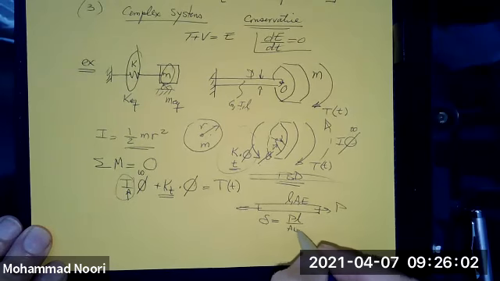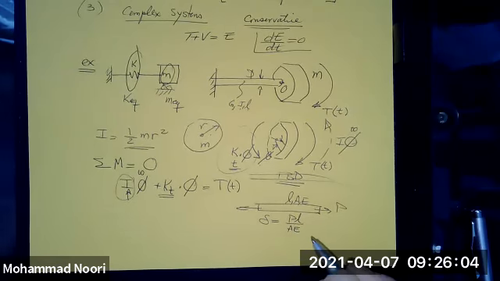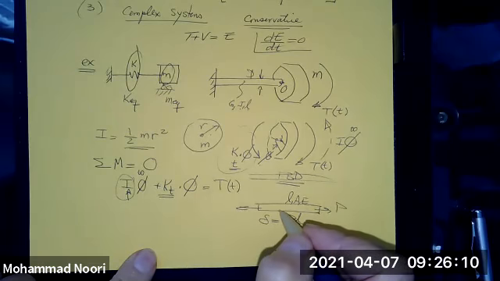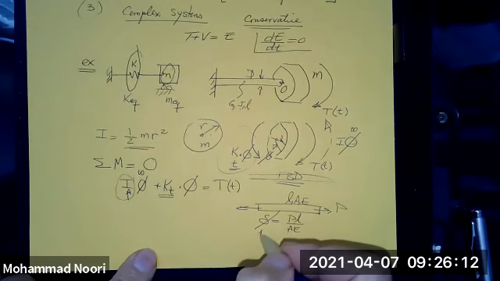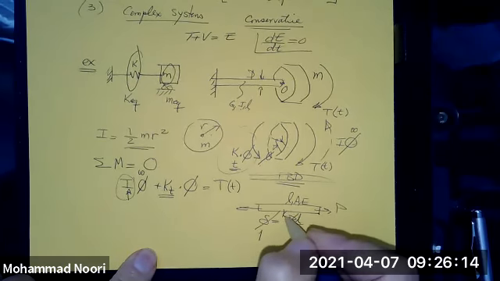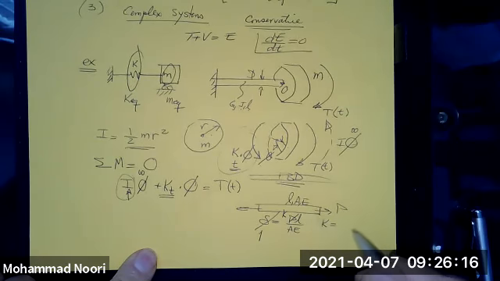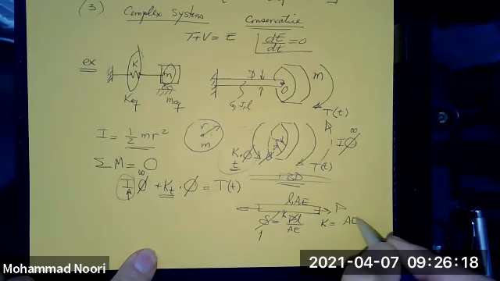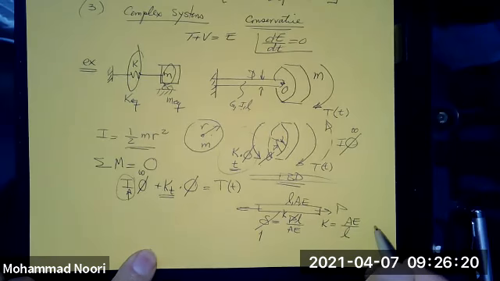PL over AE. So what is the definition of a stiffness? Force that causes a unit displacement. In other words, if this is one, this would be K. So, in this case, K would be AE over L for a bar.